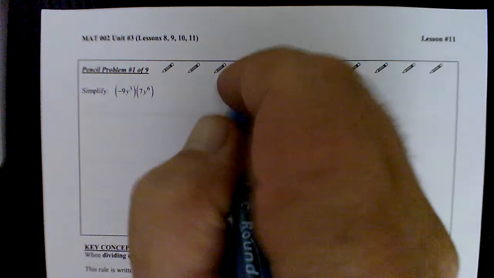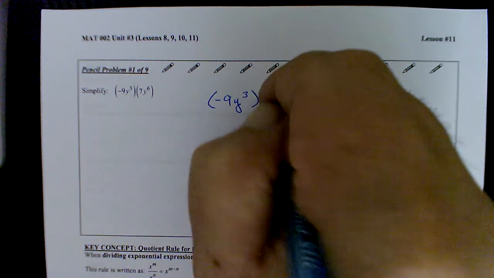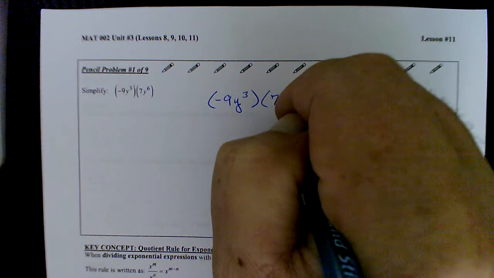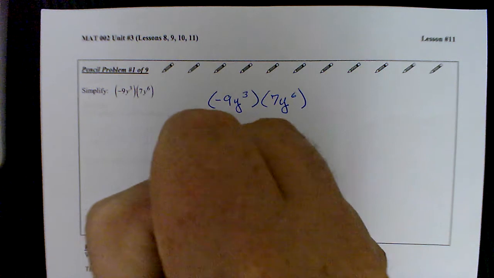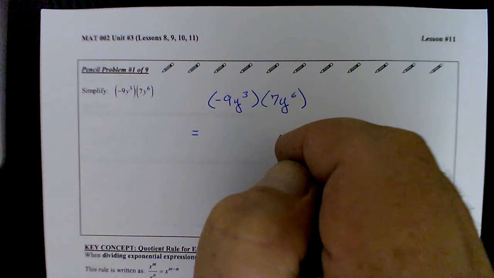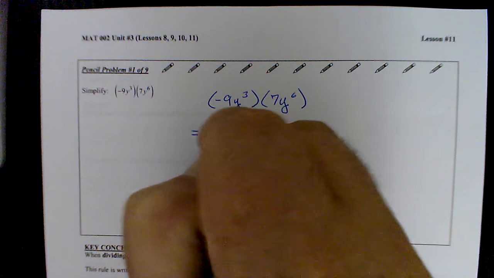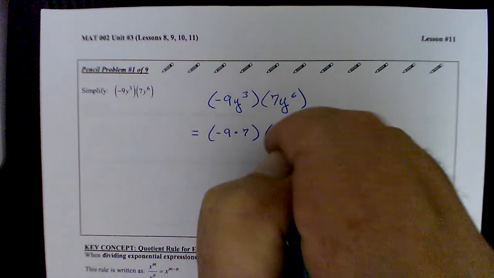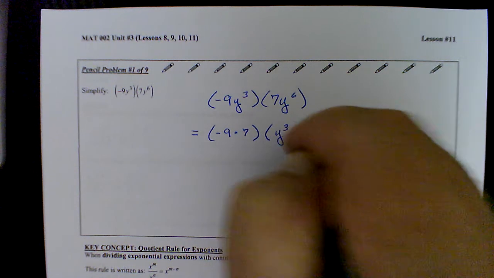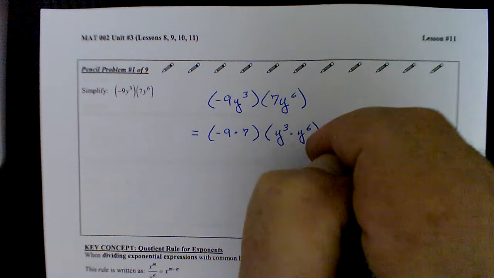Now here I'm going to rewrite the question: negative 9 y raised to the third multiplied by 7 times y raised to the 6th. You can simply jump right in and complete the problem, but what I'm going to do is group the coefficients together, negative 9 times 7, and group the y's together, y cubed times y to the 6th.